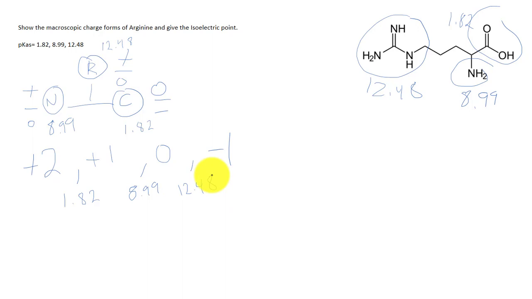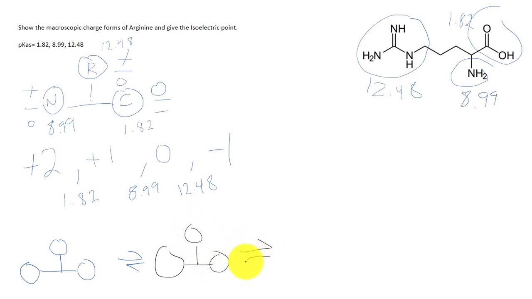Okay, and now let's do our 4 charged forms. That's not pretty. There's 1. Oh, that's big. 2, 3, and that's at equilibrium with the 4th.